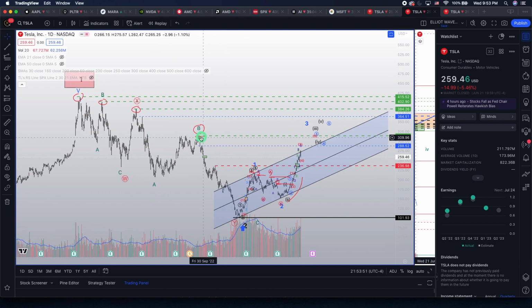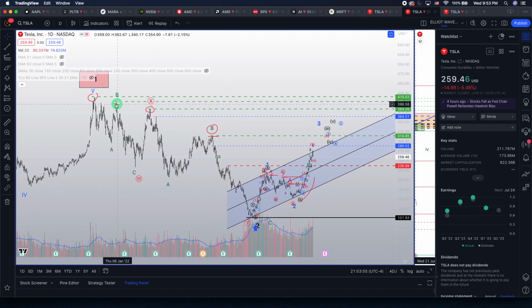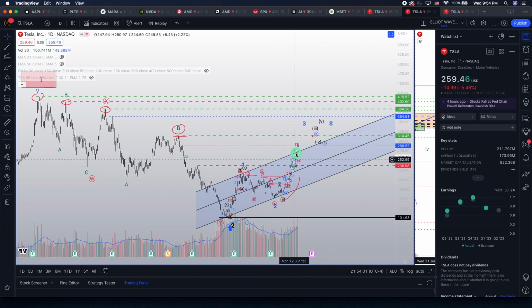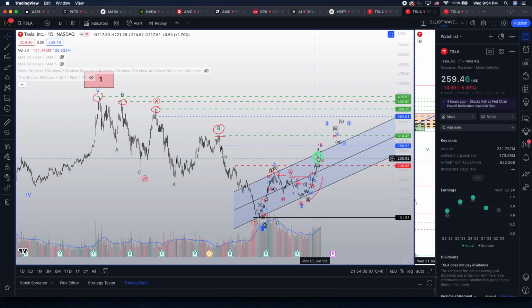I want to see us break this B wave, this X wave, this B wave, and then this high at 414. It's the exact same thing. And because we had it play out over here on this minor fractal, it makes me believe that we are going to see the same exact thing play out on the larger fractal.